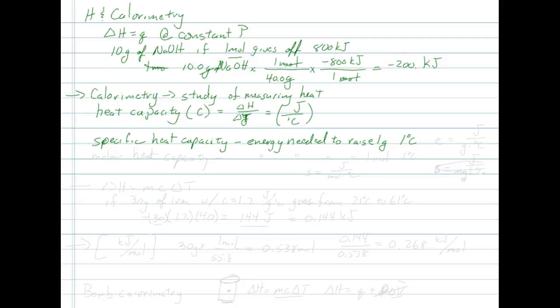It's abbreviated C, lowercase c. Our textbook uses S, some textbooks use S. So C is equal to heat energy in joules per gram degrees Celsius. This is more useful than just the heat capacity, because if you weigh the object, then you know how much energy is needed. So it's not specific object related, it's general.